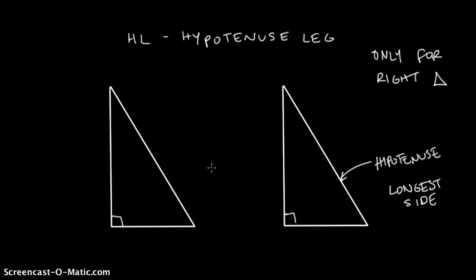And the way the rule works, if the hypotenuse and leg in one right triangle are congruent to the hypotenuse and leg in another right triangle, then the two triangles are congruent. So I'll illustrate that. Let me get a different color. So if the hypotenuse and one leg are congruent to the hypotenuse and another leg in two triangles, then those triangles are congruent. So hypotenuse, hypotenuse, leg, leg. These are called legs.